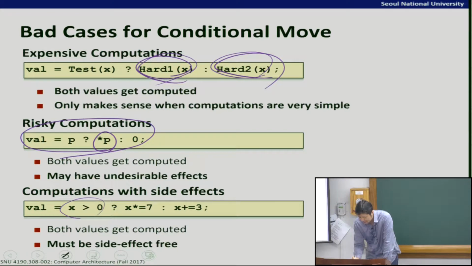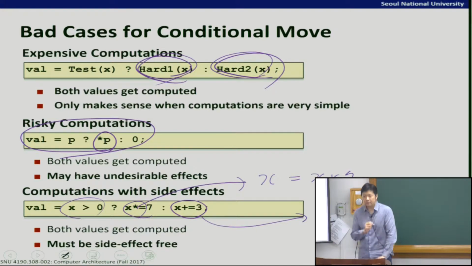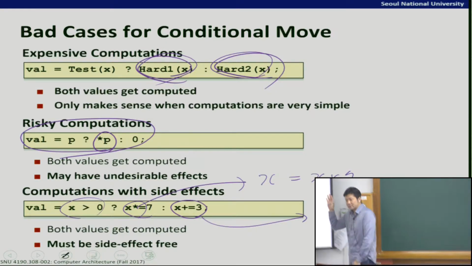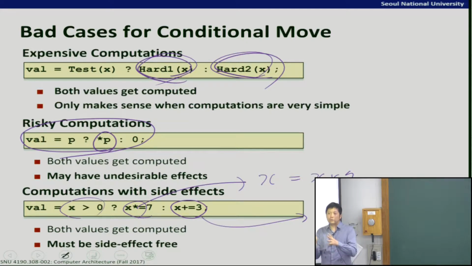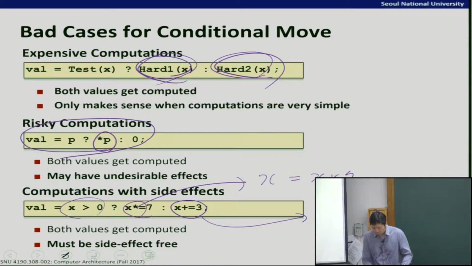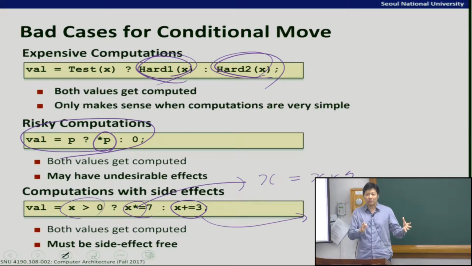This one updates the value of x with x times 7, and this one updates the value of x with x plus 3. It not only returns the value, but also changes the value of x. In the original program, you expect only one of these two to be executed. But if you use a conditional move, both will be executed and change the value of x.